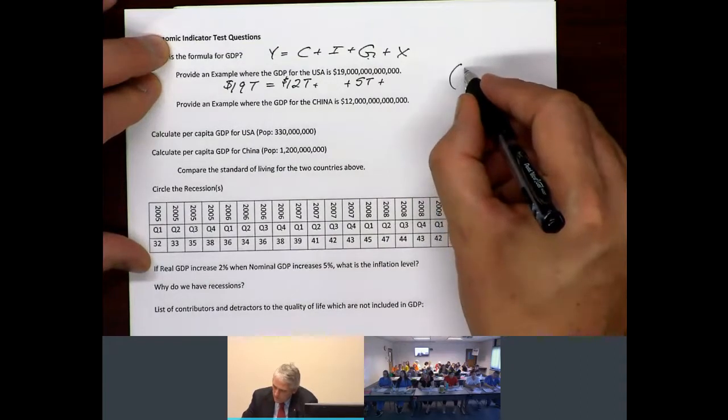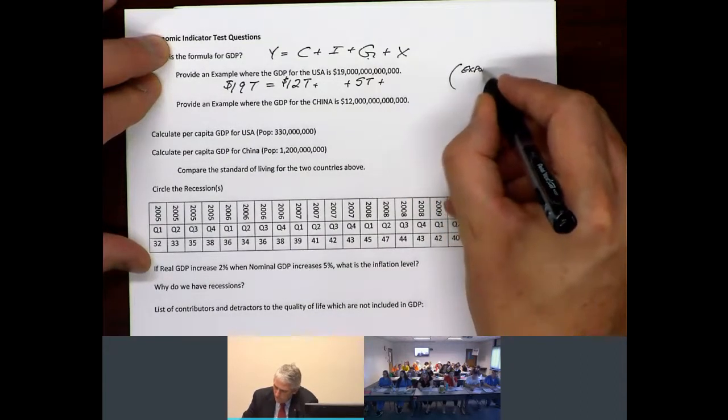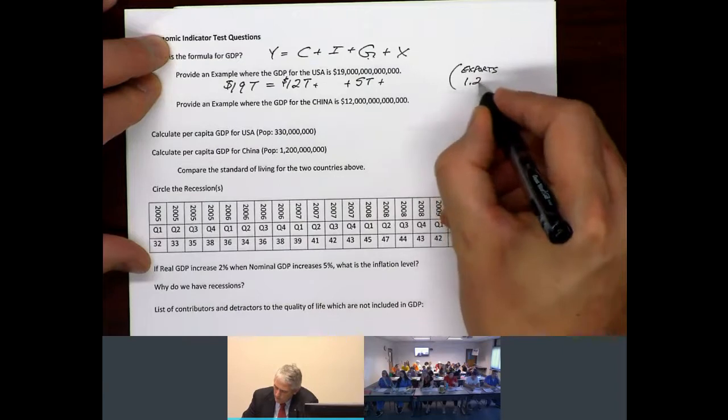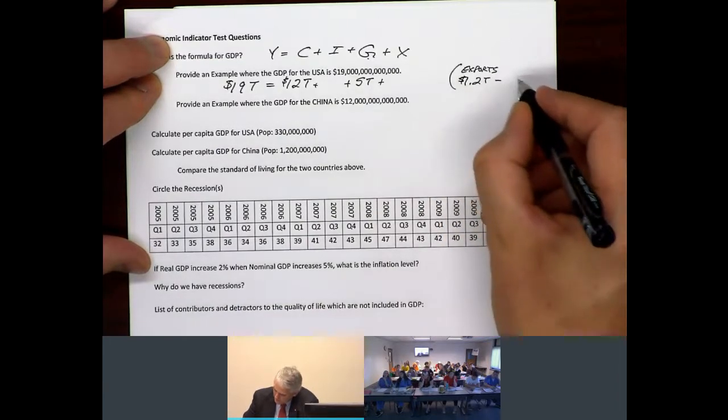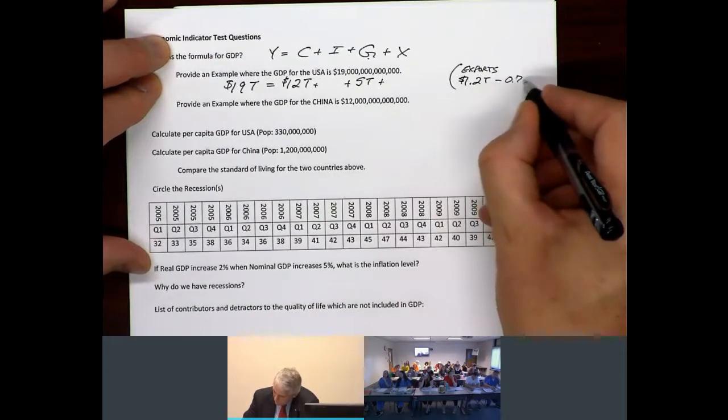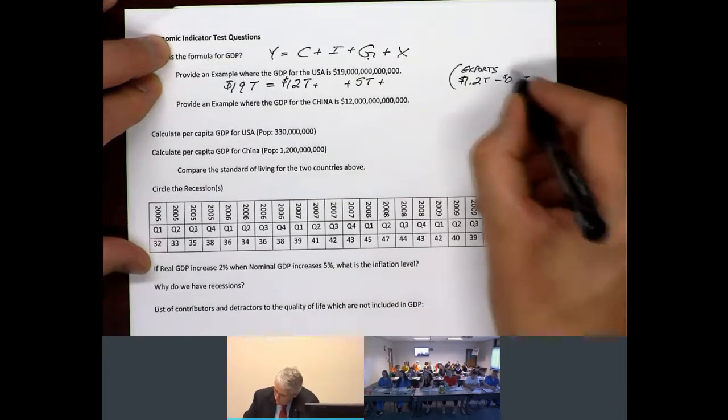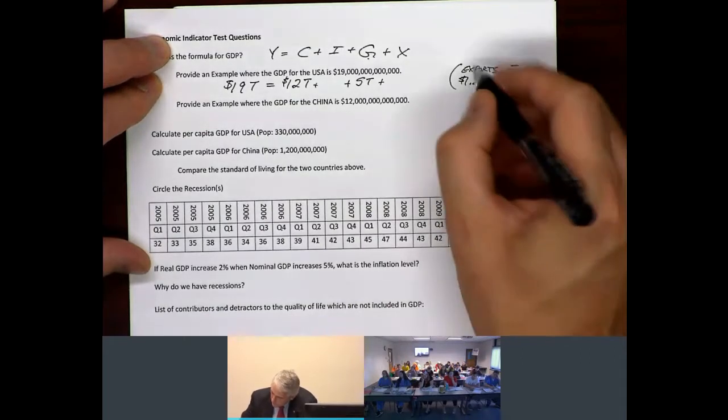So if we take our exports of about 1.2 trillion and we subtract 0.7 trillion, which is our, I'm sorry, here we are.